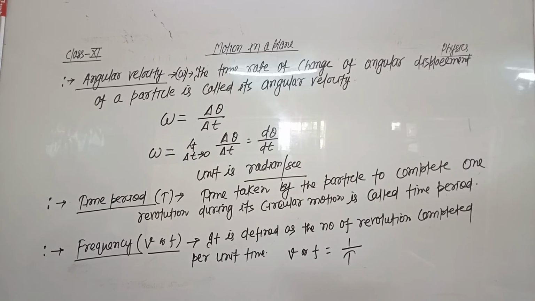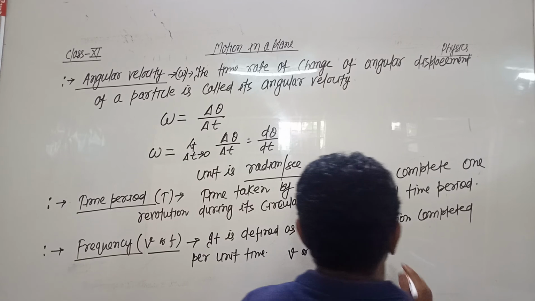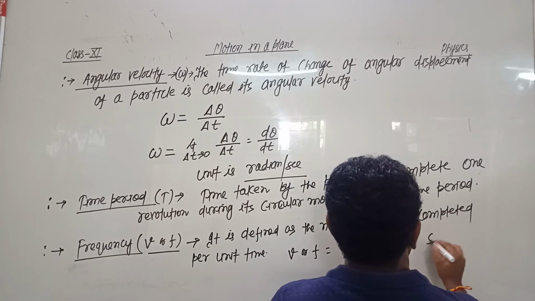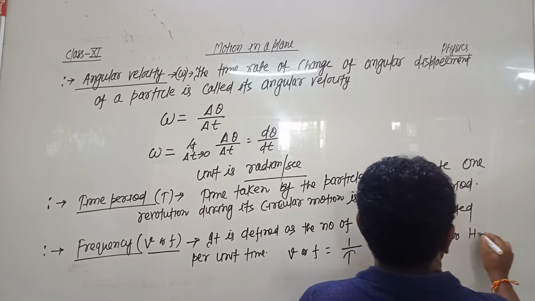The reciprocal of time period is called frequency: nu equals 1 by T. Its unit is per second or hertz.